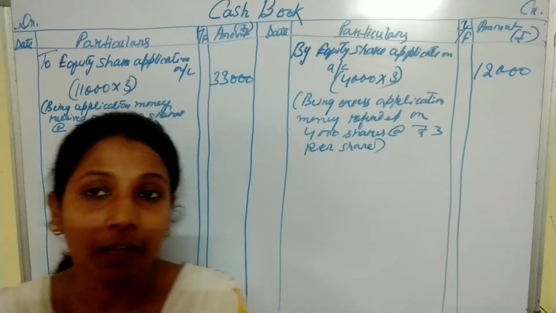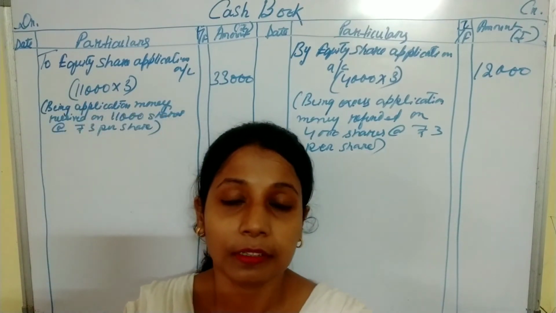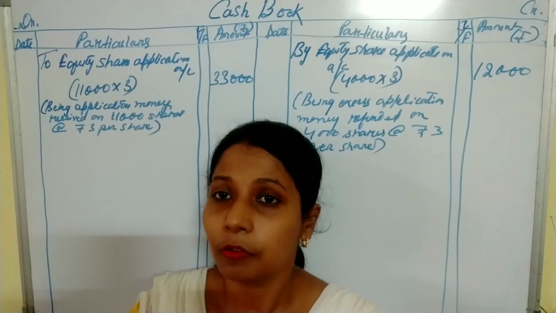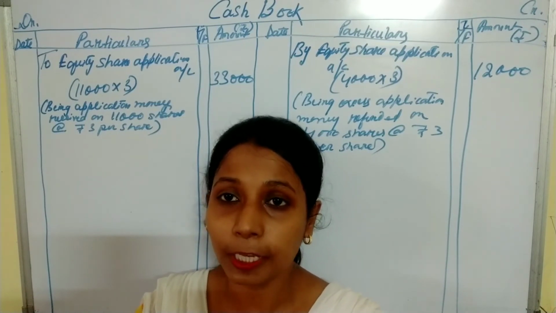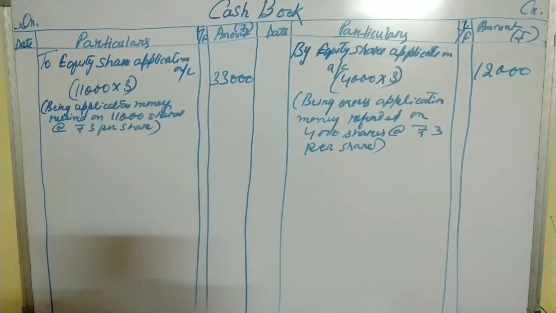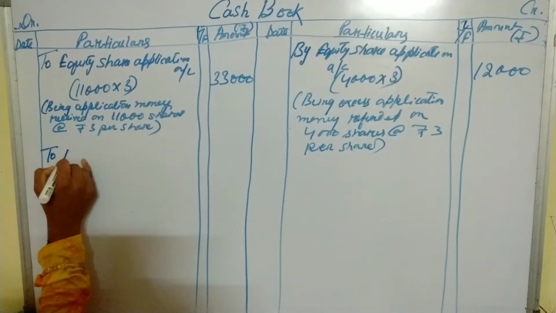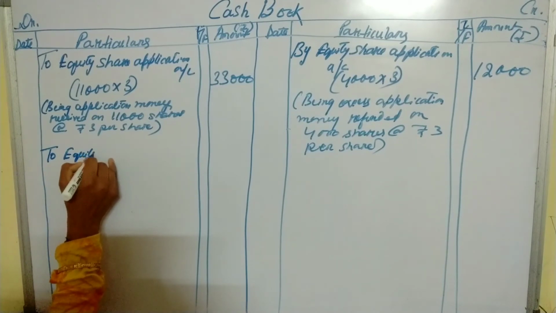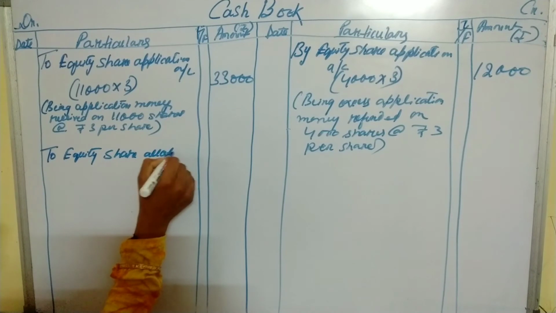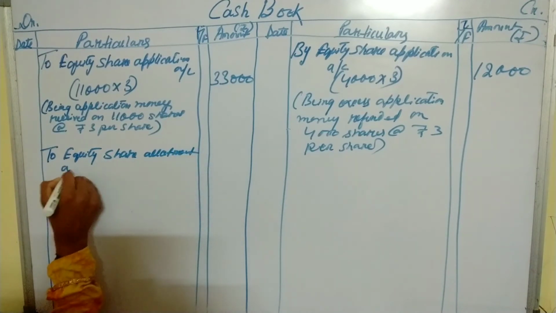Now, the allotment entry we have recorded in the journal. Now we will write only the receipt of allotment money in the cash book. Clear? To equity share allotment account.